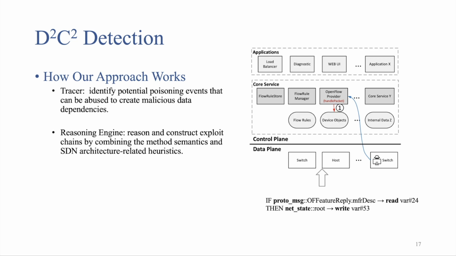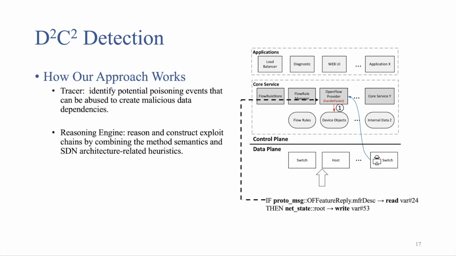As demonstrated in the example sentence, we use two sub-sentences, if and then, to respectively model the precondition and the post-condition of our poisoning events. The precondition describes how the event will collect data items, and the post-condition will describe how a sensitive method will be abused to poison other data items.